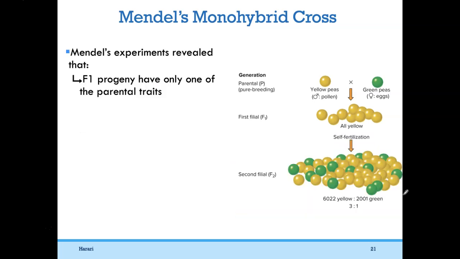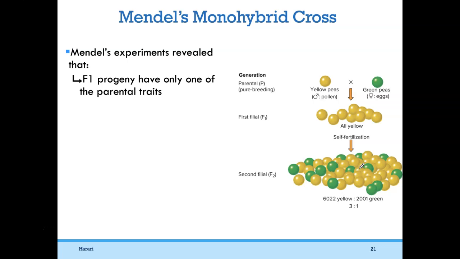He saw something very interesting in the F2. He counted a total of about 8,000 peas, and he noticed that there was a very specific ratio of 3:1, yellow to green. Another way to say 3:1 is 75% were yellow, 25% were green, right?